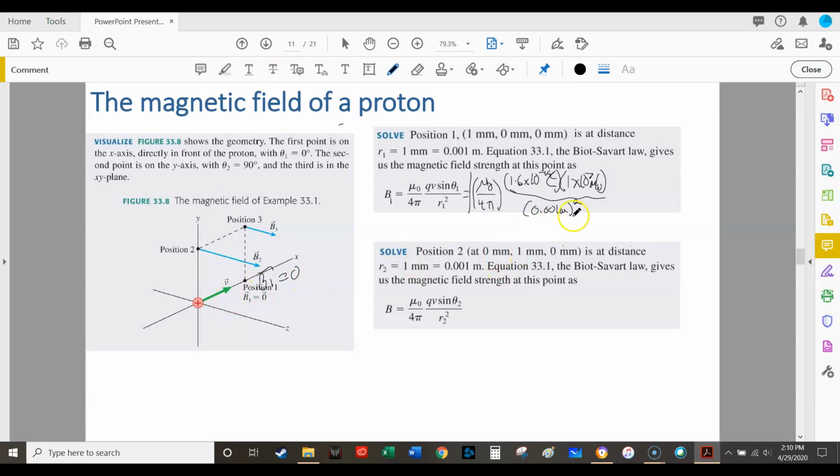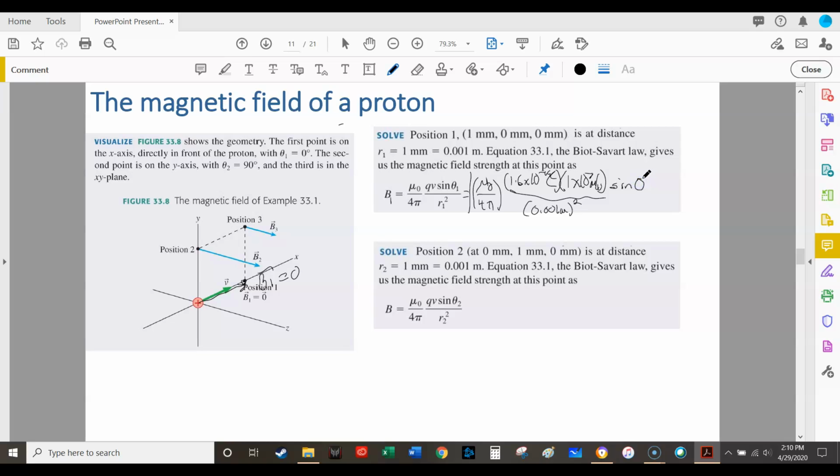It's 1 millimeter, right? Well, you're going to be multiplying this by the sine of theta, but the sine of theta in this case is going to be 0, right?